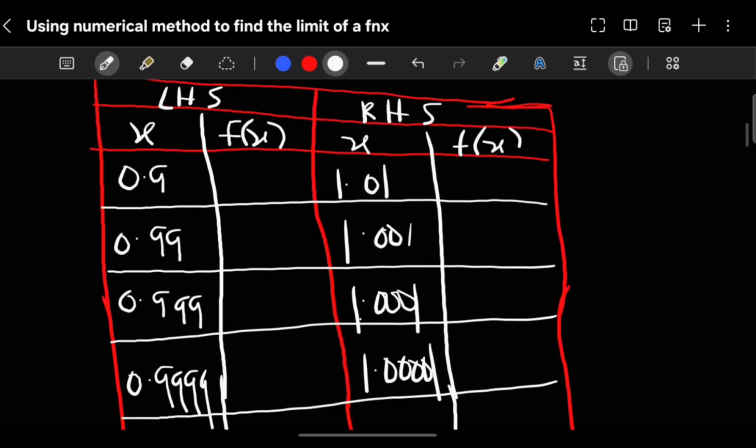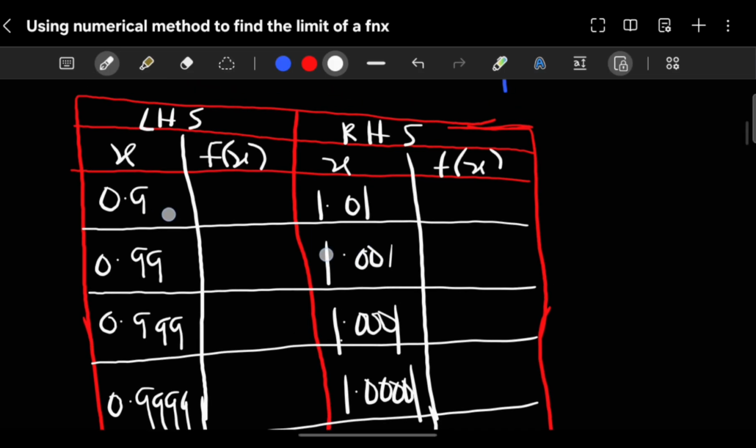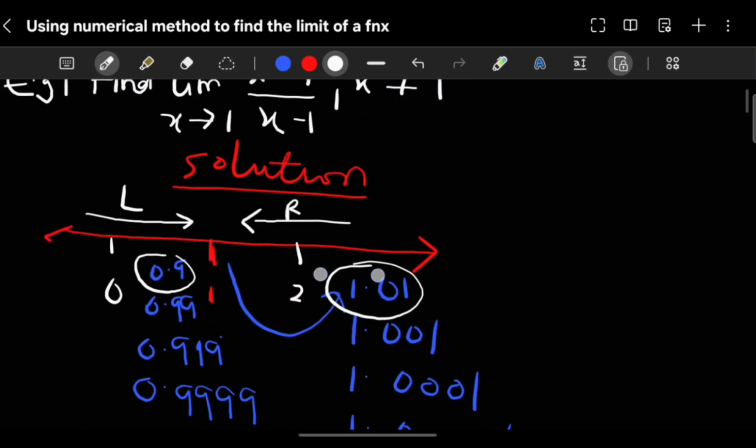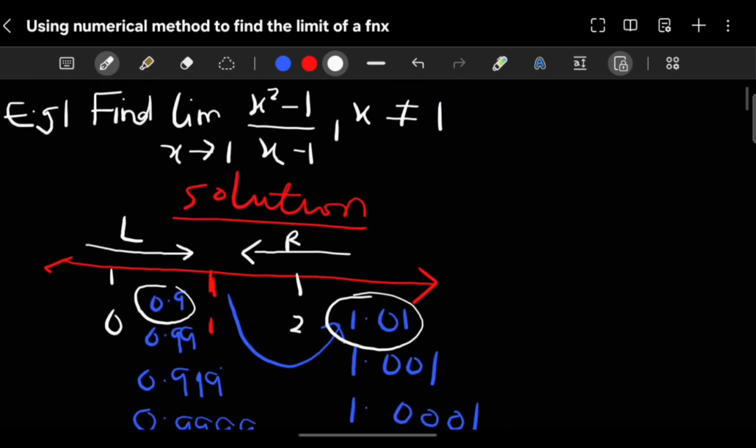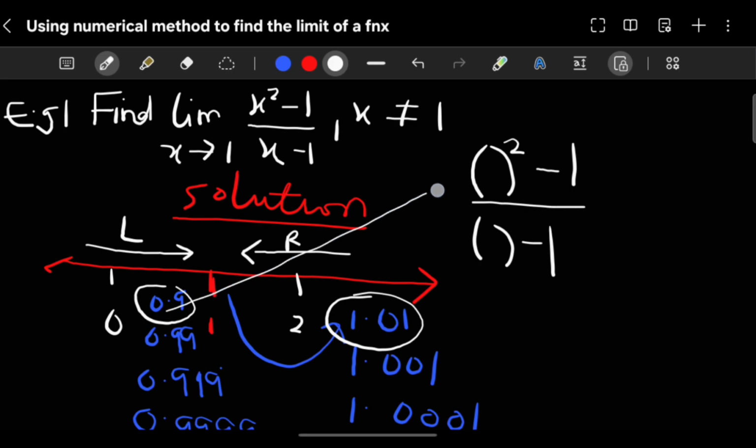You see that the next column is f of x. So how do we do the f of x? To do the f of x, when you pick your calculator, you punch bracket x squared minus 1 divided by bracket x minus 1. And all that you're going to be doing is inputting the test values, right?